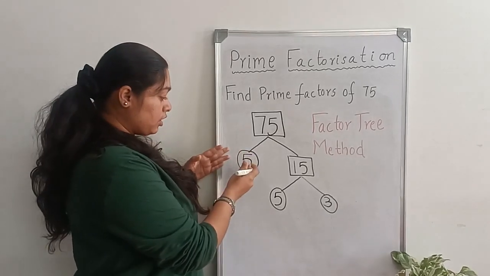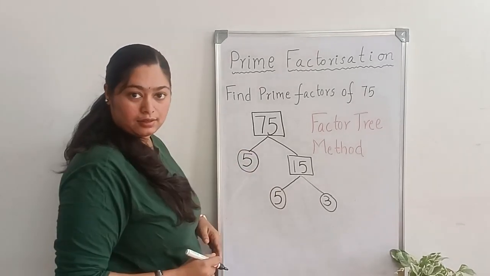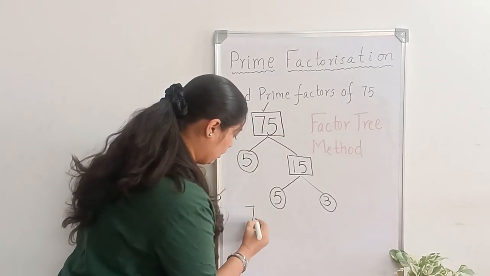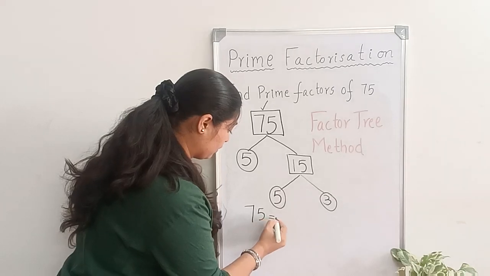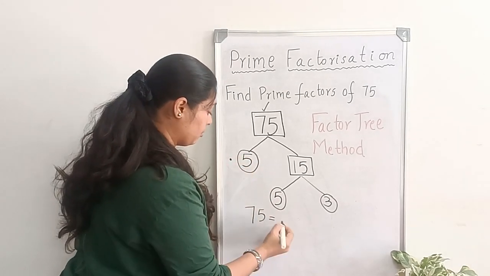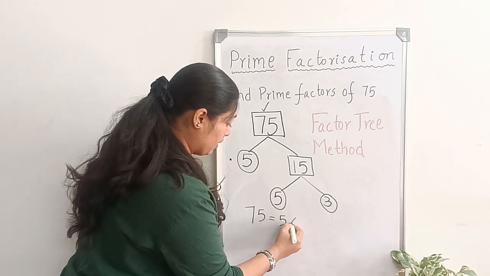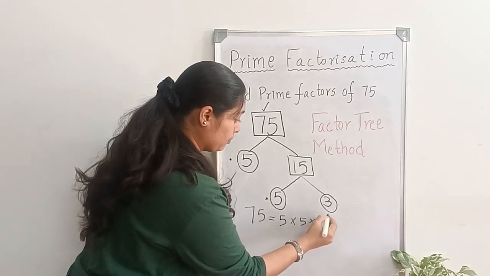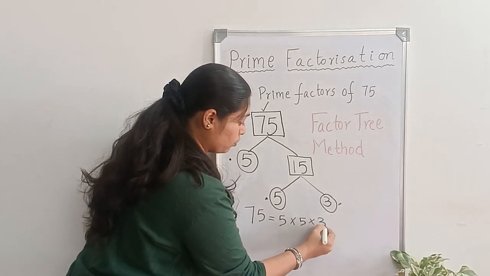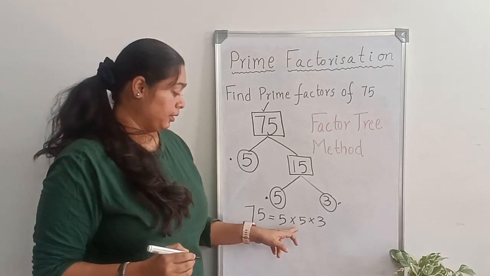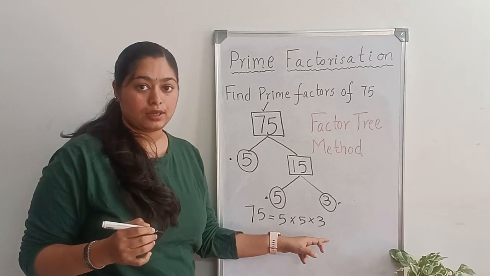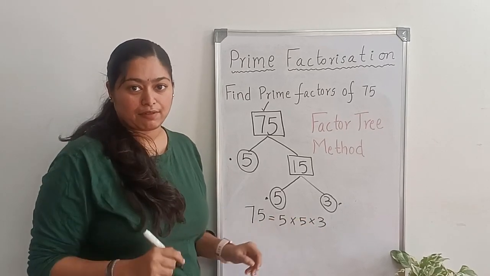Now you just take the numbers inside the circles. Our main number 75 will be equal to this first prime number multiplied by this one over here multiplied by the last one over here. 5 multiplied by 5 is 25, and 25 multiplied by 3, you can actually check, it's 75.